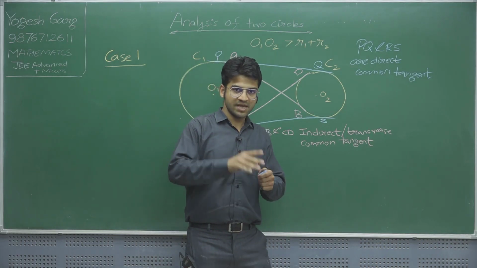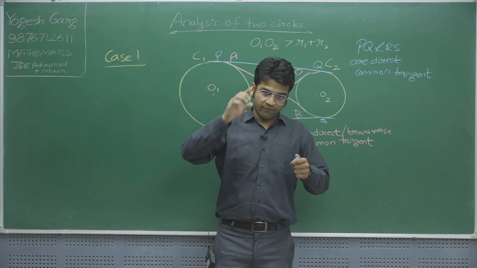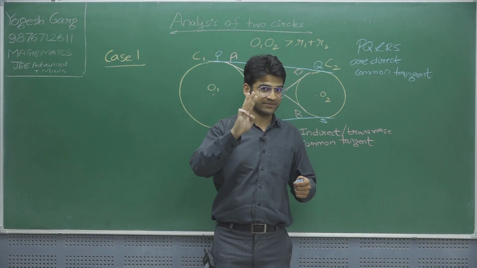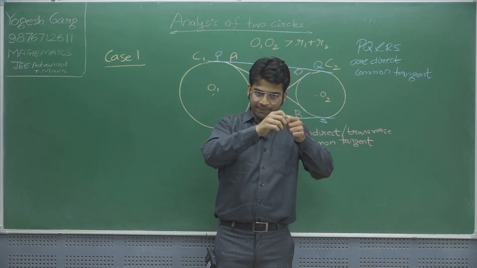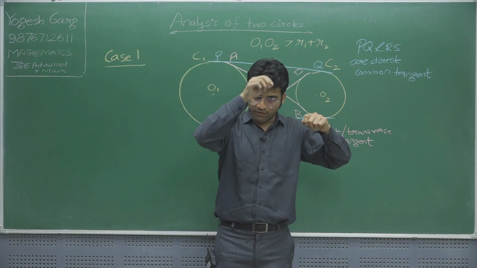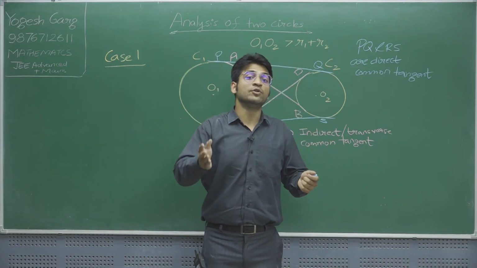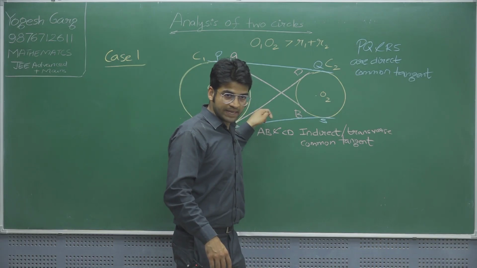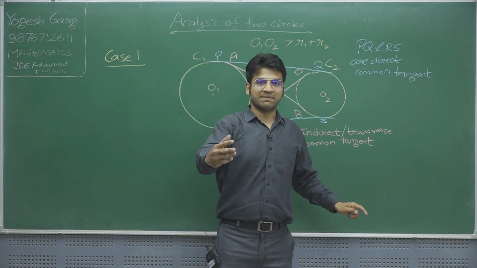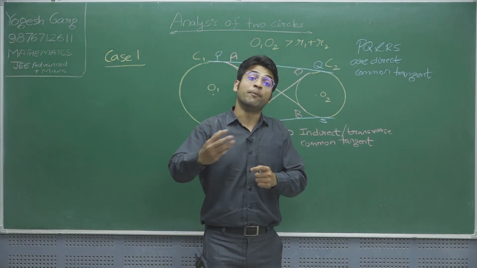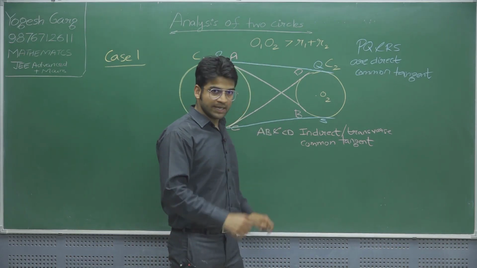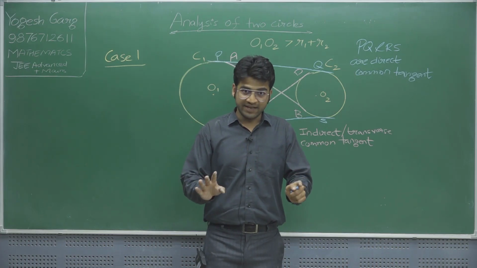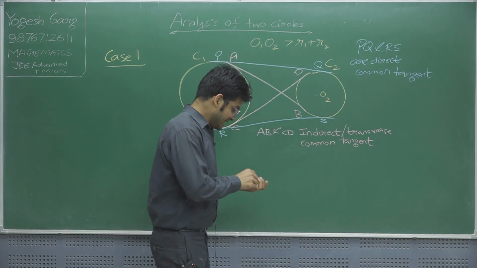You know a line divides a plane into three parts: the points lying on the line itself, and those above and below the line. So O1 lies below AB, O2 lies above AB. So O1 and O2 are lying on the opposite sides of AB. Similarly, for CD also, O2 and O1 are lying on the opposite sides.